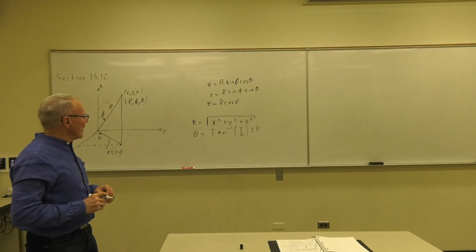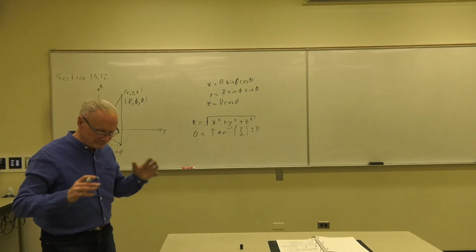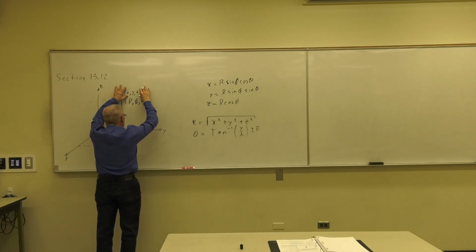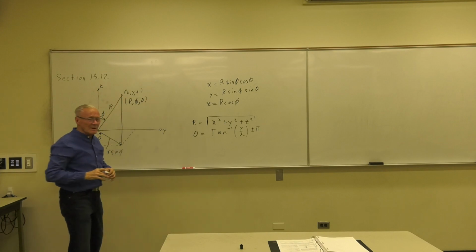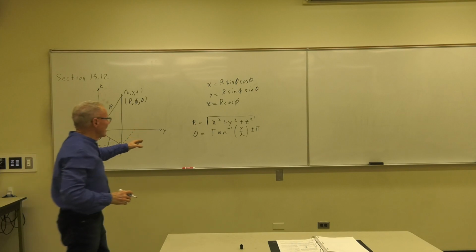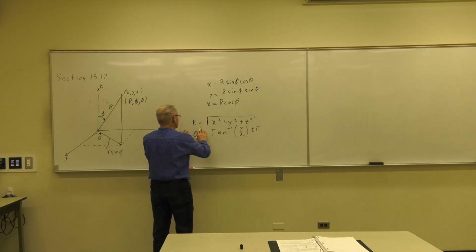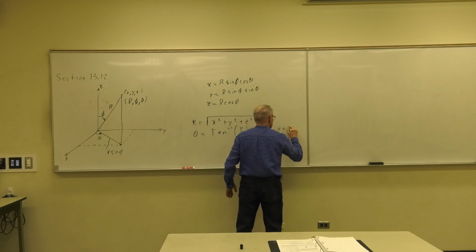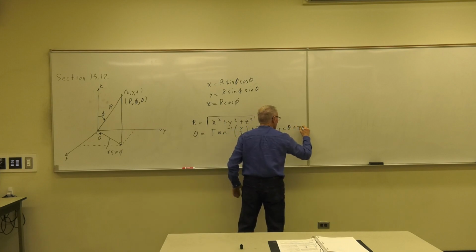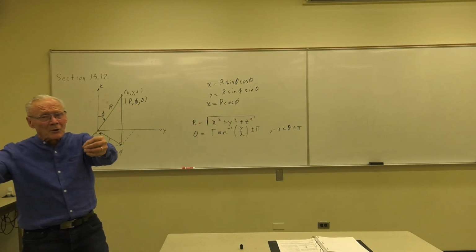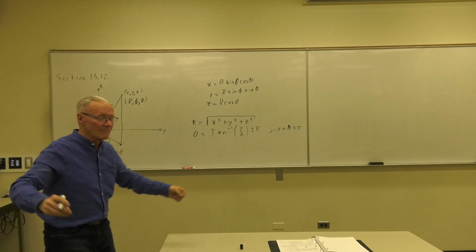Now what we would like is, for every point in space, there is one and only one set of Cartesian coordinates. I would like there to be only one set of spherical coordinates as well, which means I would put a restriction on theta. And I would put the same restriction that we had before. I would choose minus pi less than theta less than or equal to pi. That's the one I liked for polar coordinates, and therefore for cylindrical coordinates, and I'd like to carry it here.